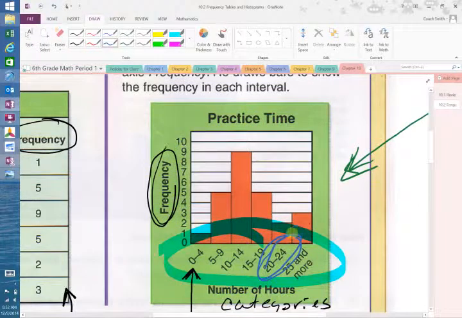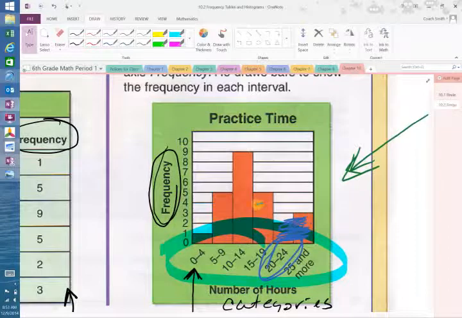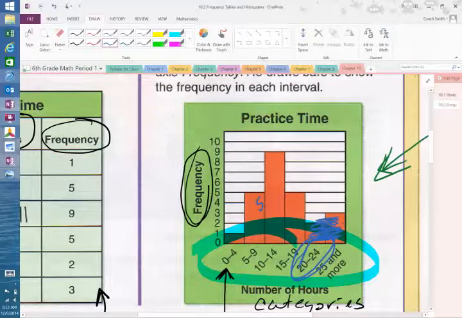So we don't look at these two blocks. So we go back this way. 15 to 19, how many people practice that amount of time? 5 people. Could we go right across here? So there's 5 people in this block. How many in this one? 9.